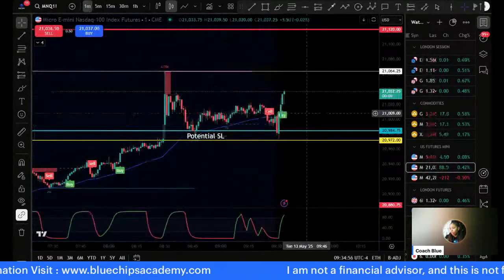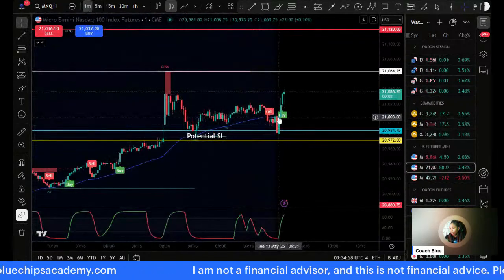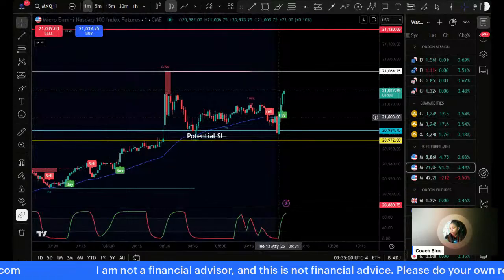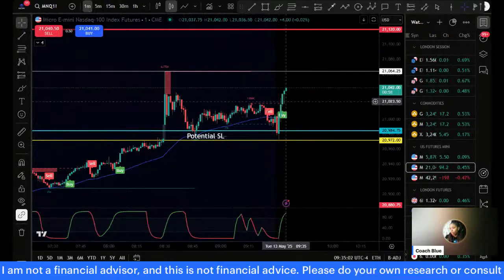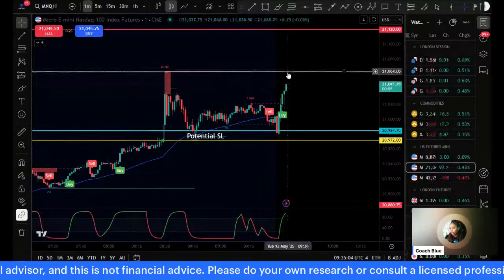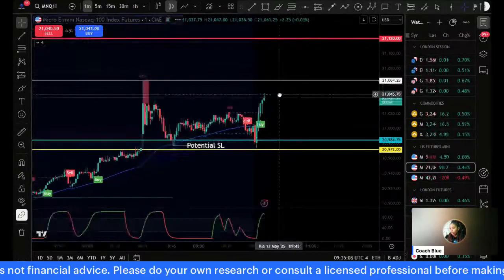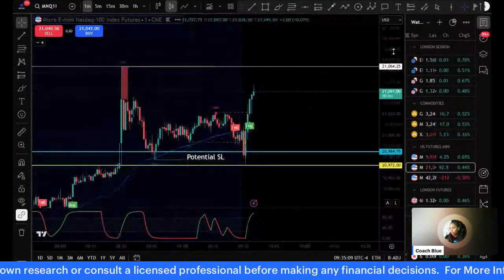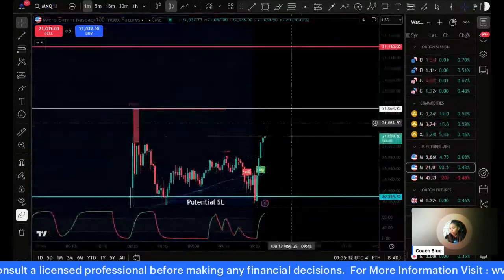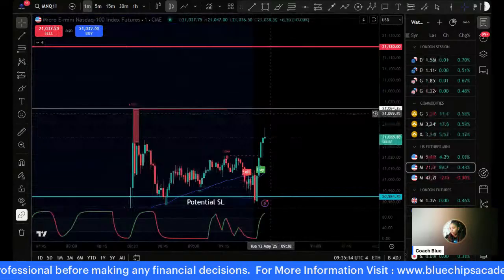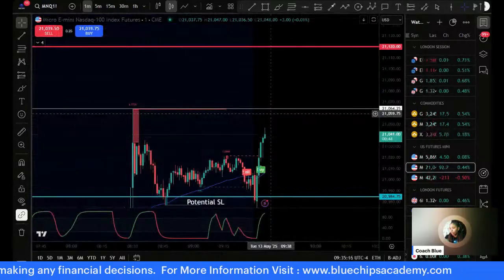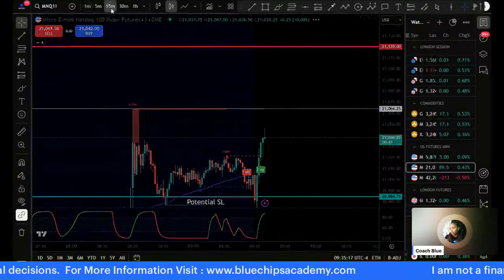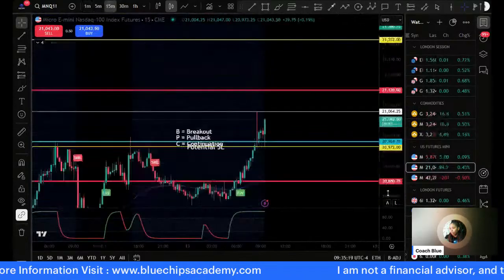Okay, it's finding support off of the 50, which is what we saw on the 5 minute. Now let's see what we get right here. Are we going to break past this little area right here, or are we going to get rejected again? If we look at the structure on the 15 minute, we're on a nice uptrend, right?